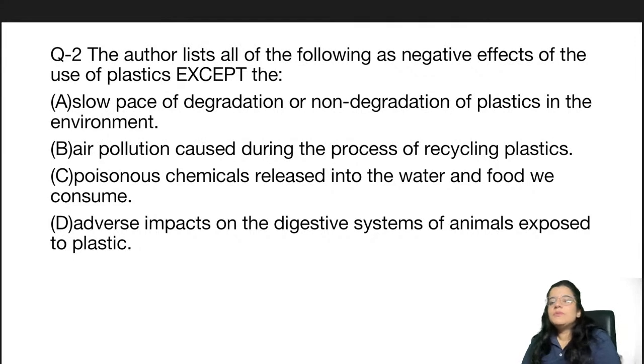And that's how we end up choosing B, because air pollution is nowhere being talked about in the paragraph, right? And that's how B option is going to be the correct answer.